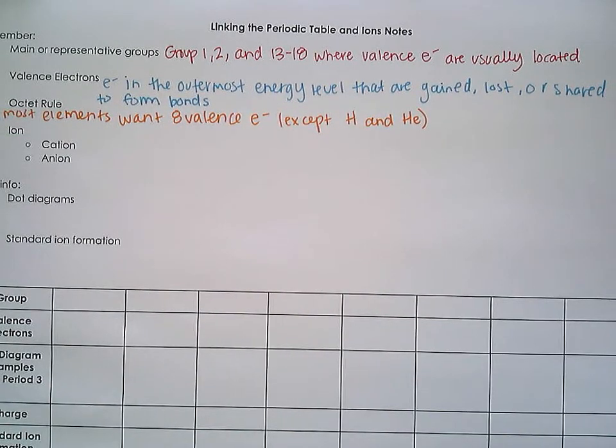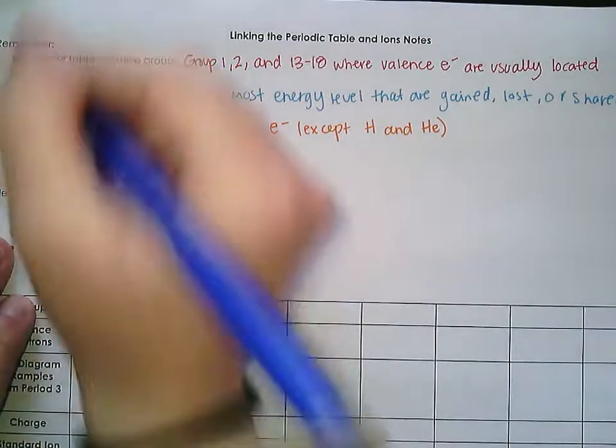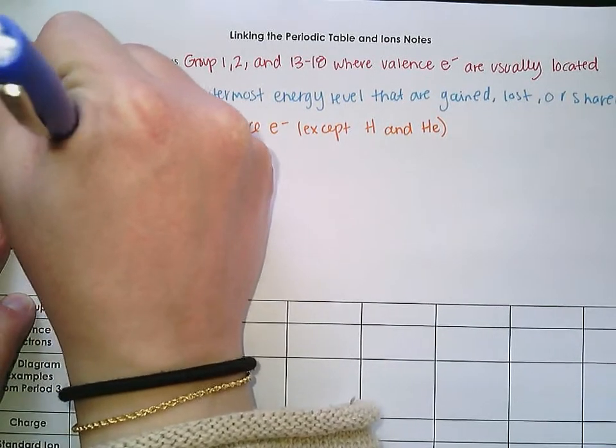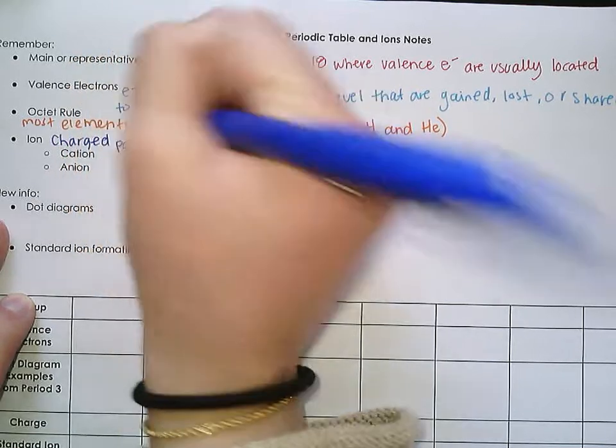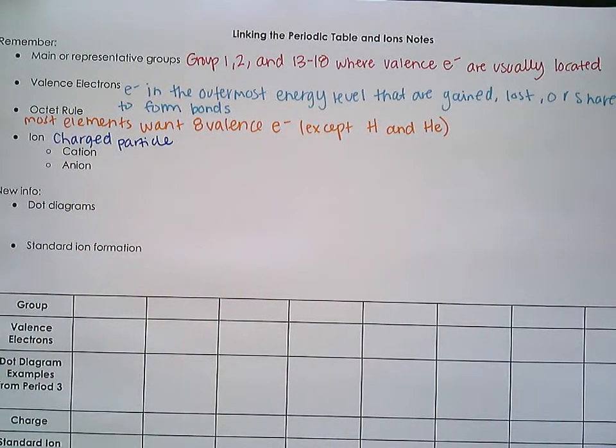Now let's remind ourselves about an ion. So when I'm talking about an ion, I'm just talking about a charged particle. I'm going to have a plus or a minus there. It's something that is not neutral. There's 2 specific things here.